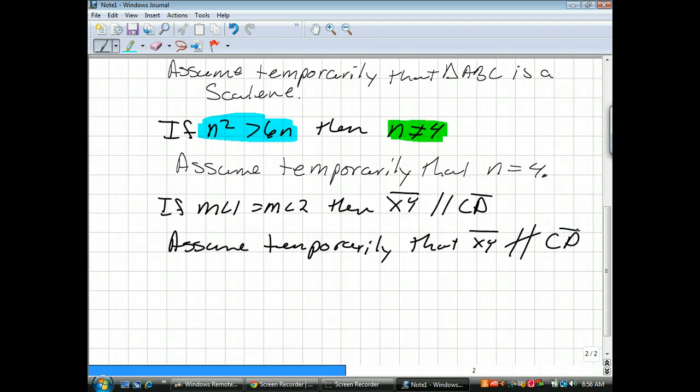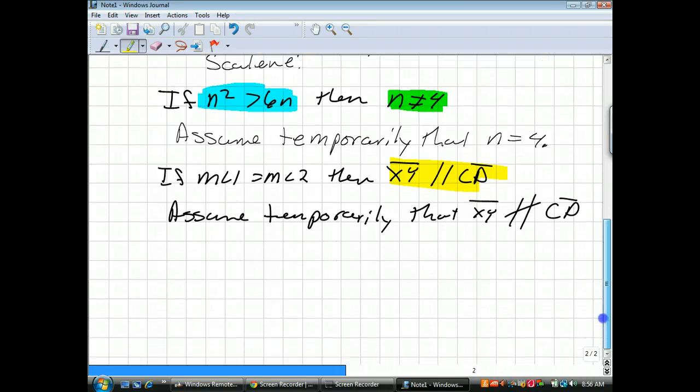Okay? And so we assume the opposite of what we're trying to prove. That's the first step. Okay? And as I said, paragraph proofs are usually written in paragraph form.